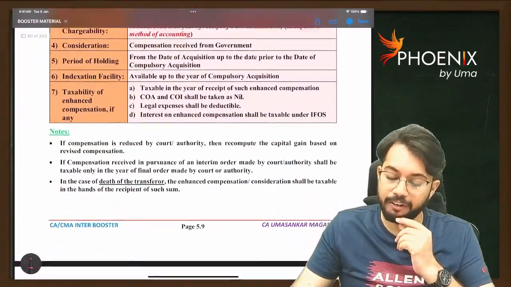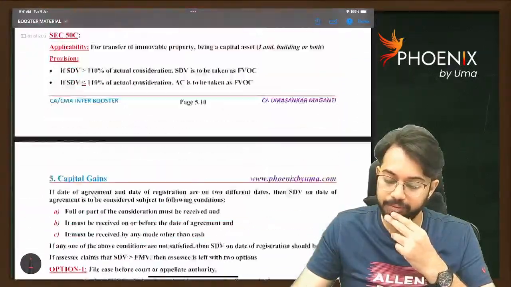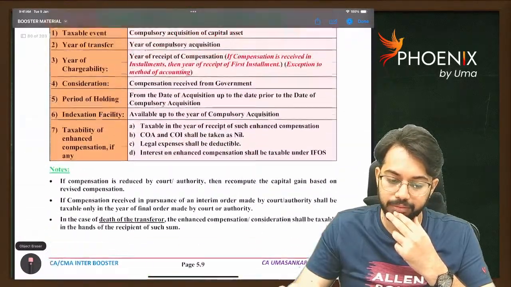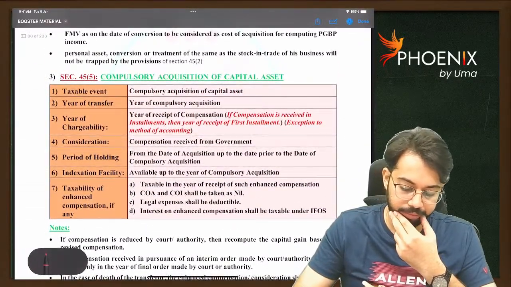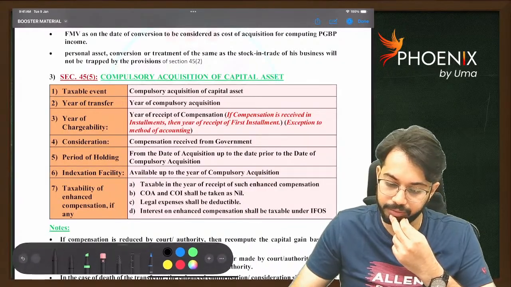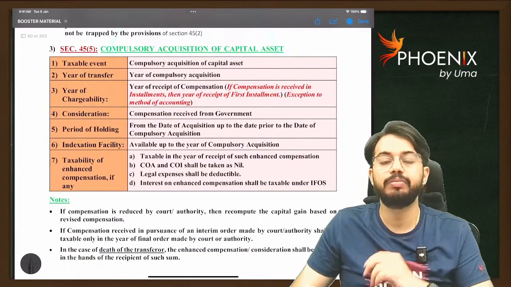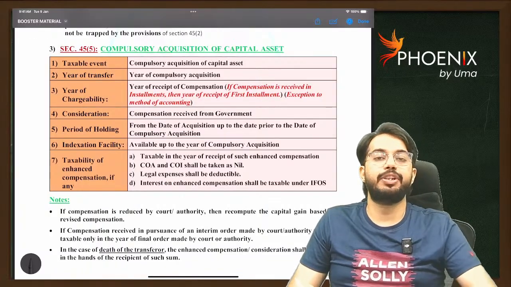Next, section 45(5). Compulsory acquisition of capital asset.